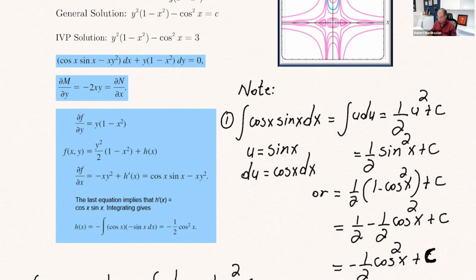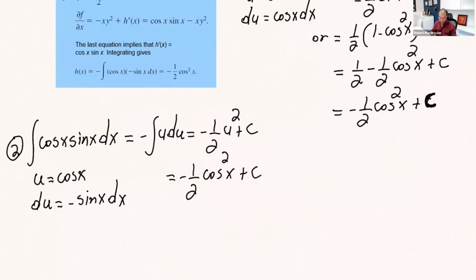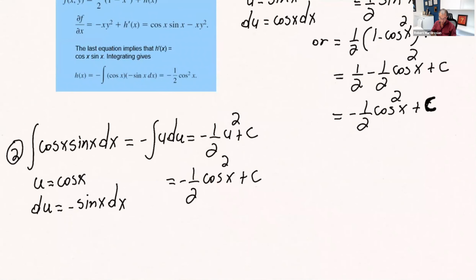And please get used to those in an integration. When you see a number with the constant, they change it to another constant, just remember because they're both constants. Another way of solving this, you can say u equals cosine x and du is negative sine x dx. So you can take the negative sign out and put u du, and the answer is going to be negative 1/2 u squared plus c.